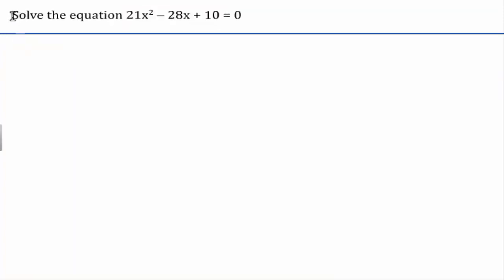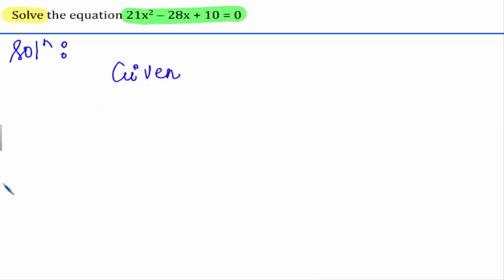This question says, solve the given quadratic equation. Let us see the solution. Given quadratic equation is 21x square minus 28x plus 10 is equal to 0.